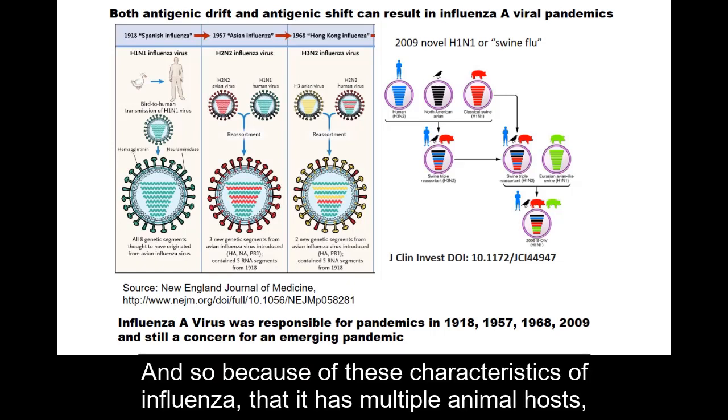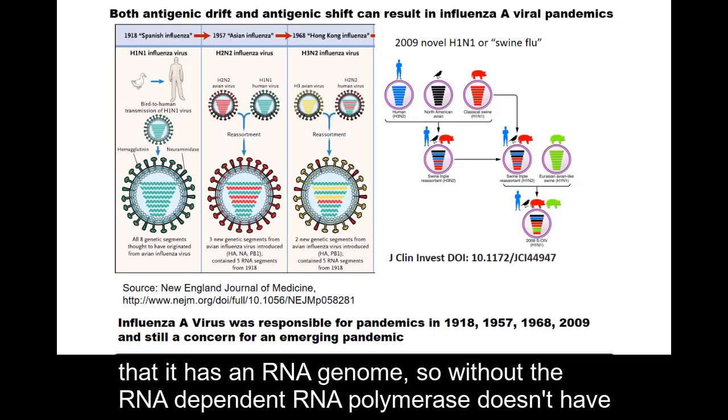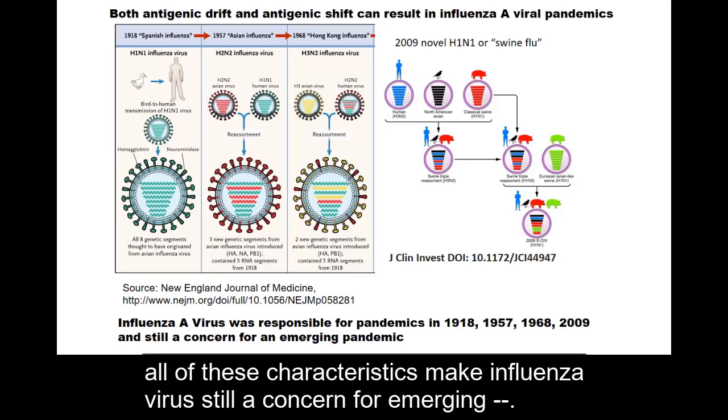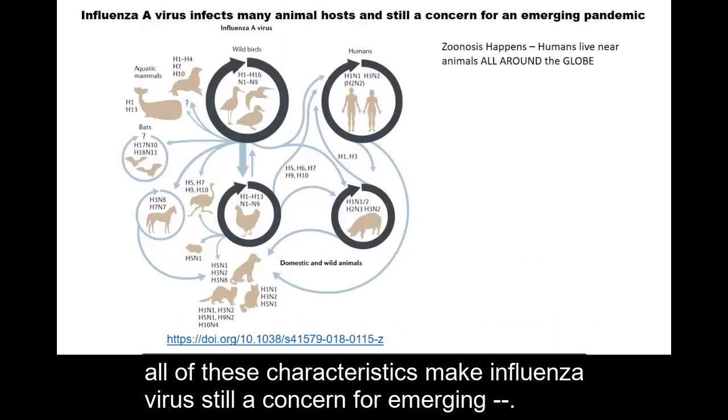And so because of these characteristics of influenza, that it has multiple animal hosts, that it has an RNA genome, so the RNA-dependent RNA polymerase doesn't have any proofreading, and the genome is segmented, so reassortment happens frequently, all of these characteristics make influenza virus still a concern for emerging.